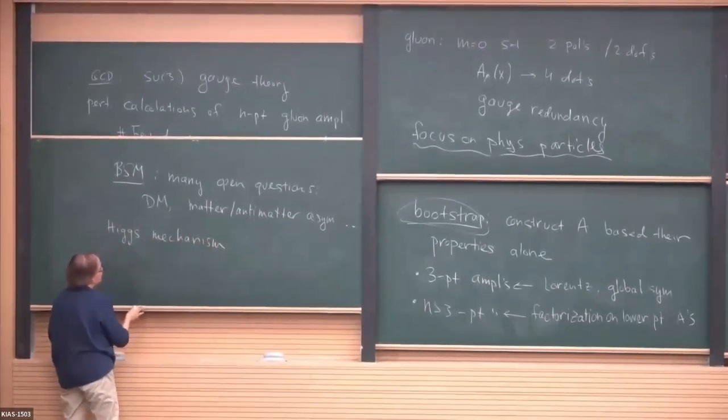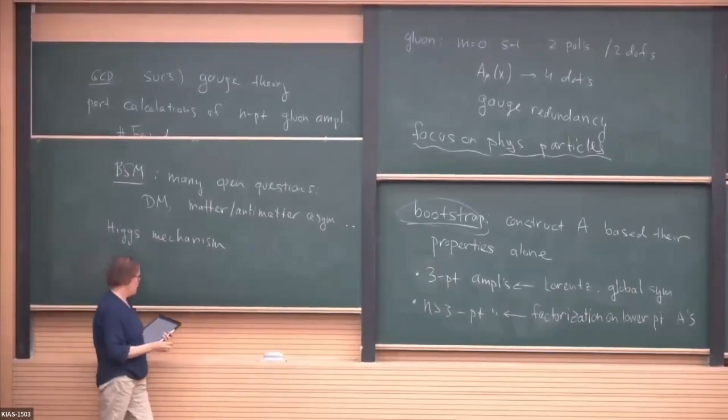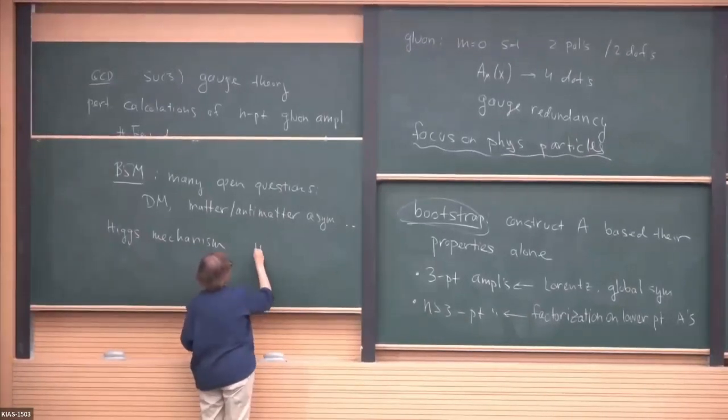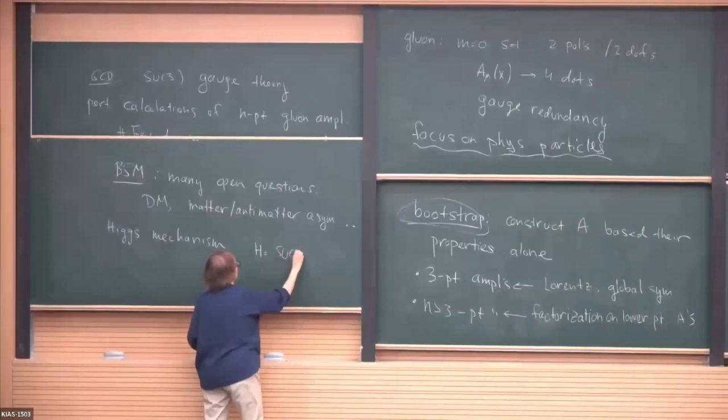So we have this very nice picture where the Higgs is an SU(2) doublet.